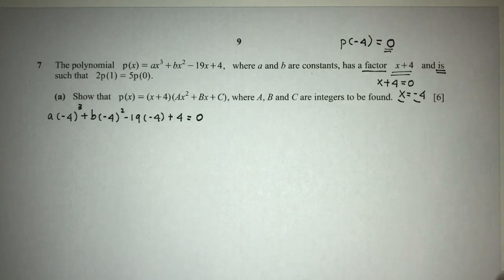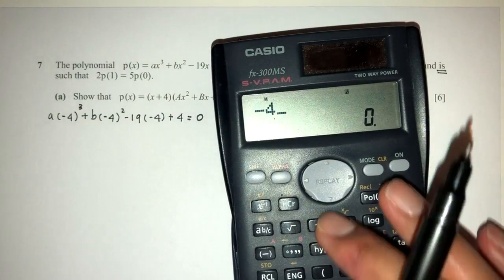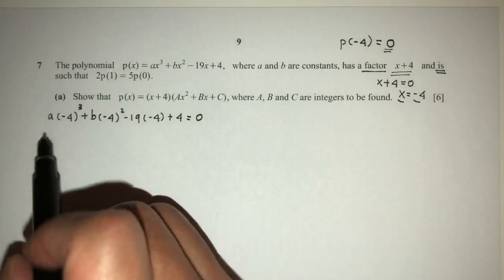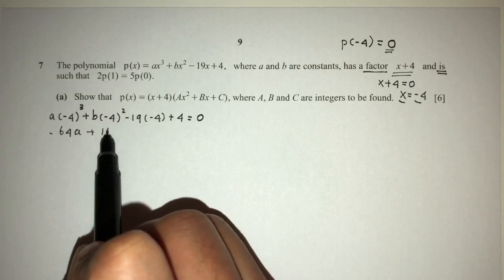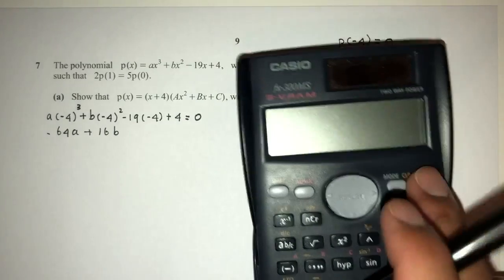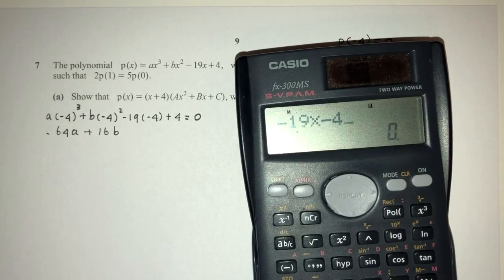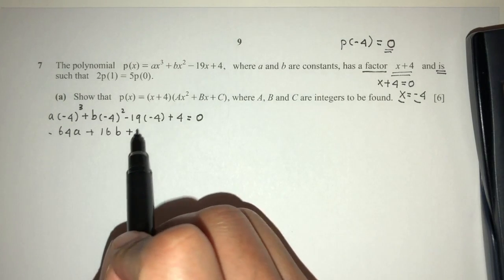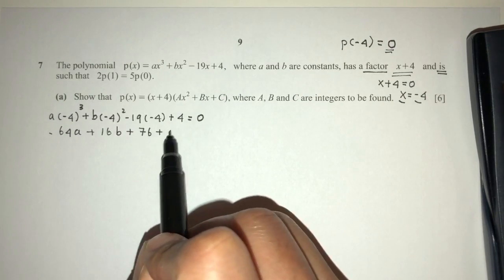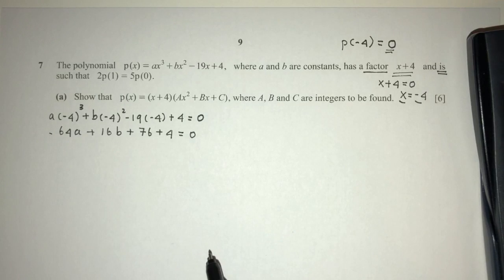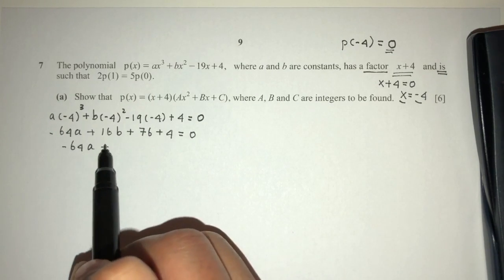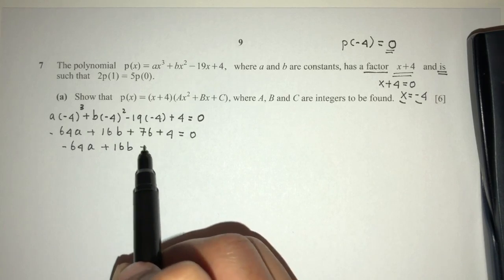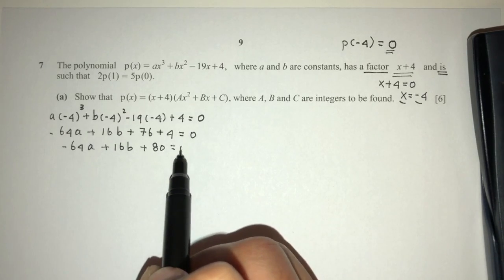Now simplify. What is minus 4 power 3? Let's find out. You will have minus 64a plus 16b. What is minus 19 times minus 4? That will be 76, plus 4 has to be 0. Simplify. You will have minus 64a plus 16b plus 80 is 0.